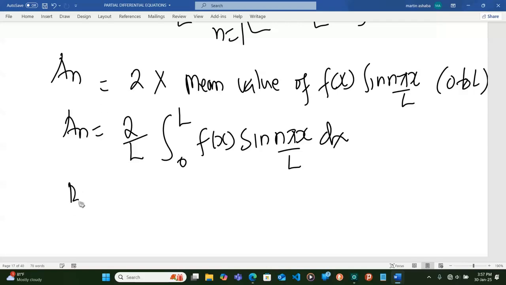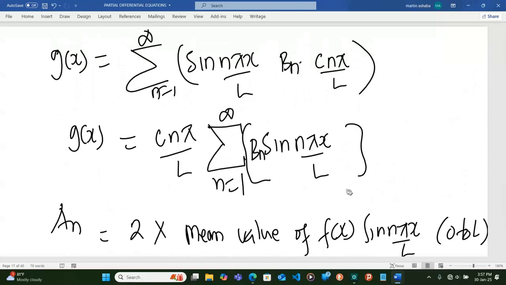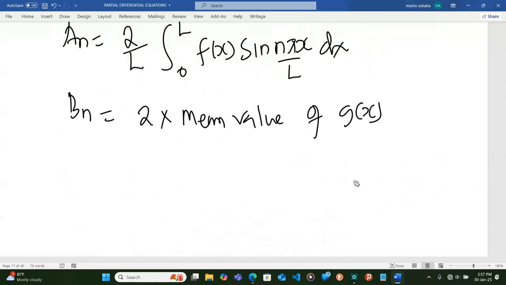Then Bn is also going to be twice the mean value of g of x and sine n pi x out of L, but obviously here we have L divided by C n pi.